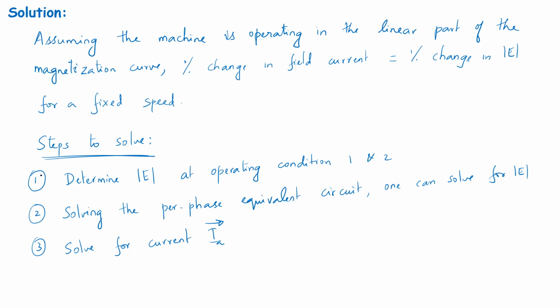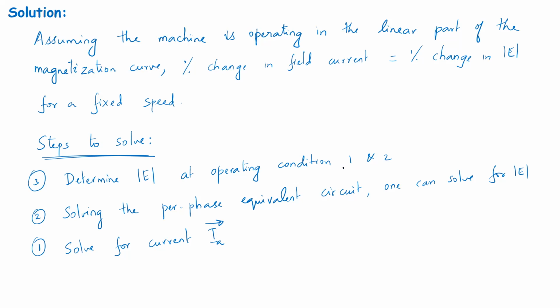Okay. So even though I have numbered these steps 1, 2, 3, actually they should be the other way around. First solve for current, then solve for the excitation EMF, then take the ratio of the excitation EMF at both operating conditions.